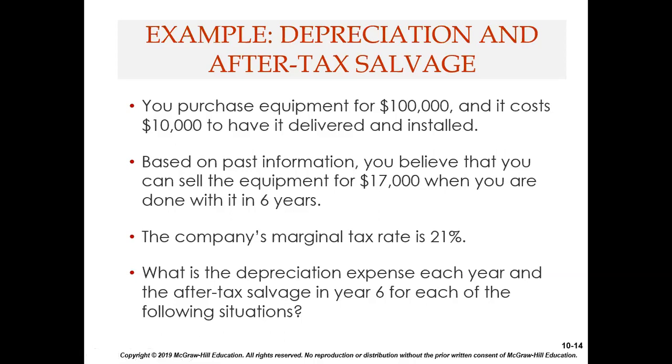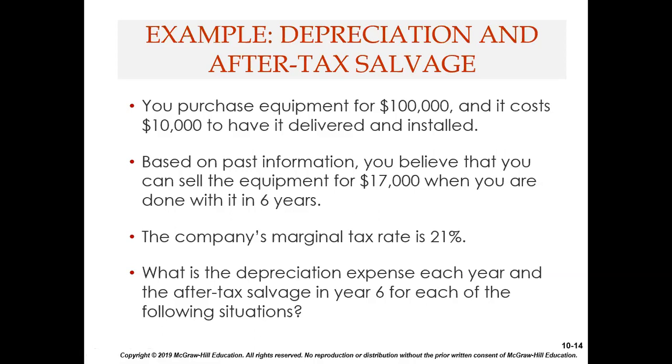You purchase equipment for $100,000, and it costs $10,000 to have it delivered and installed. Based on past information, you believe that you can sell the equipment for $17,000 when you are done with it in 6 years. So there's its salvage value, and you're done using it at the end of year 6.